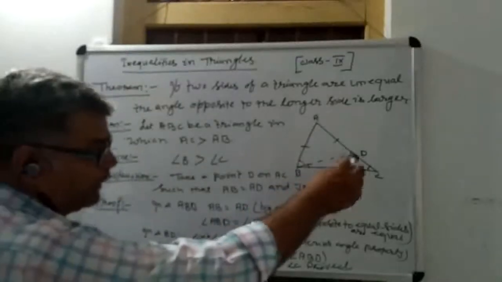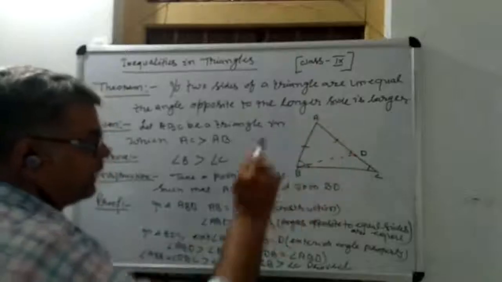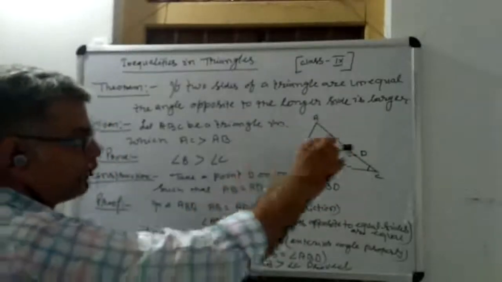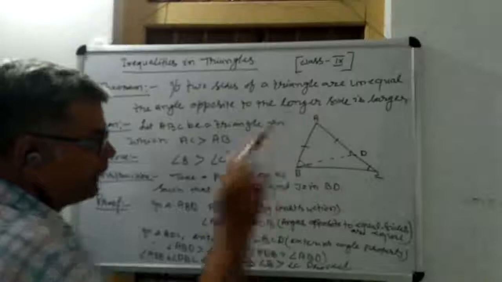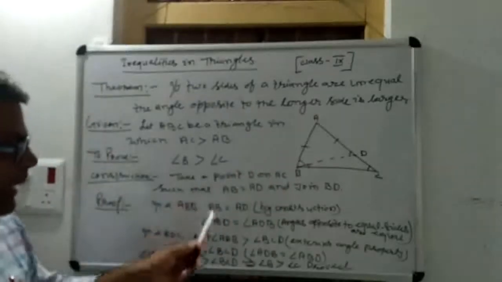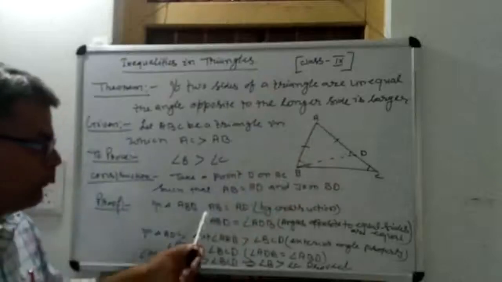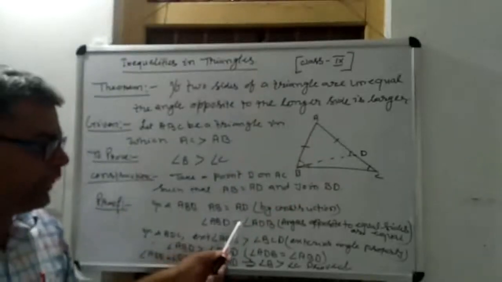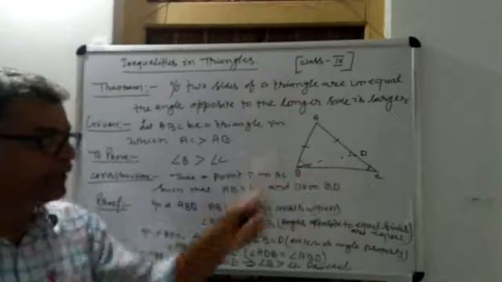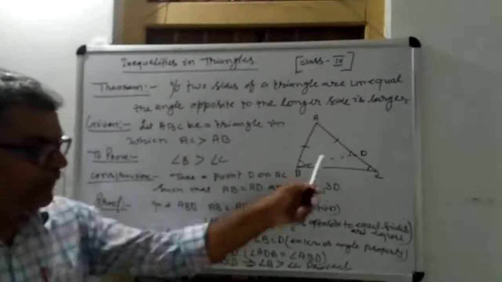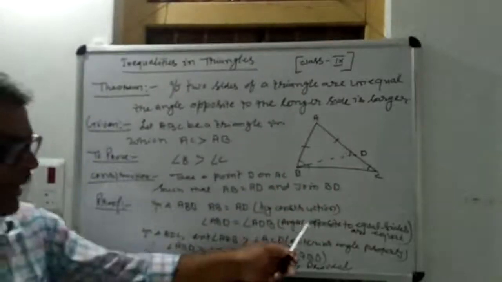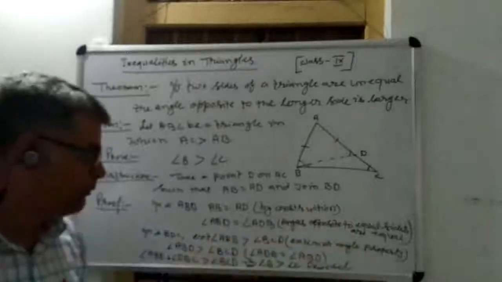We take a point D on side AC such that AB equals AD and join BD. In triangle ABD, we have AB equals AD. So angle ABD will be equal to angle ADB by the property that angles opposite to equal sides are equal.